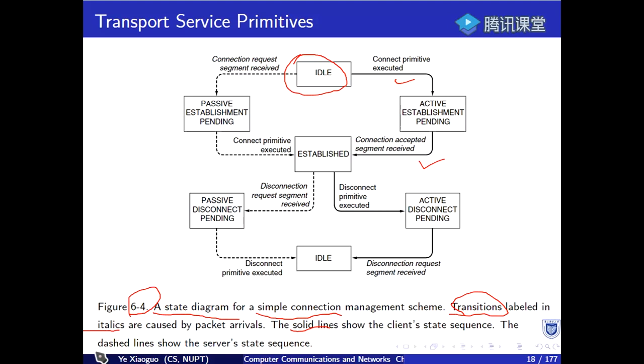The dashed lines show the server's state sequence. So in the network, one end is a server and one end is a client.